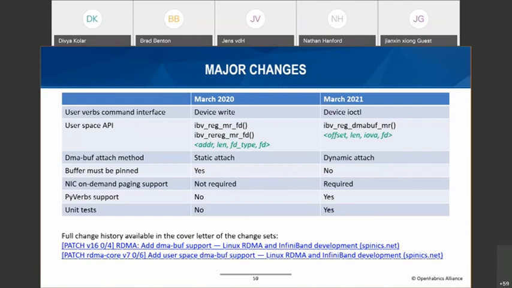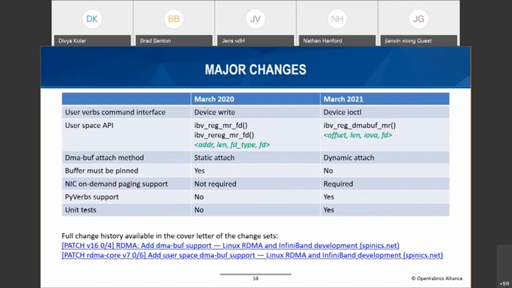So here are the major changes comparing last year's prototype with today's latest code. One change is that we moved from using the write interface to the IO control interface for the user space API.